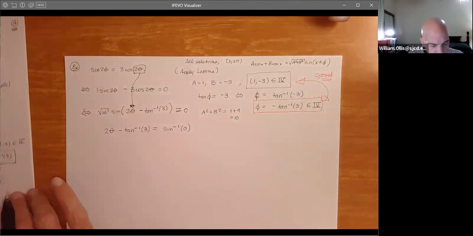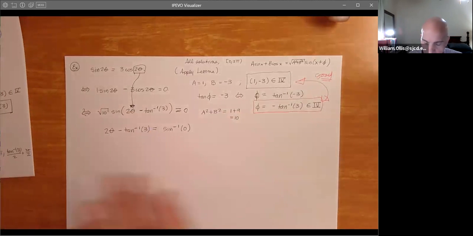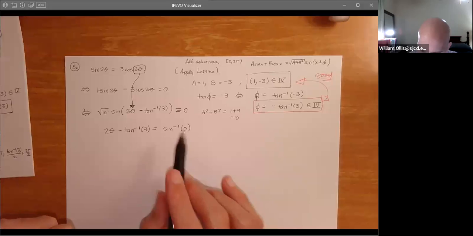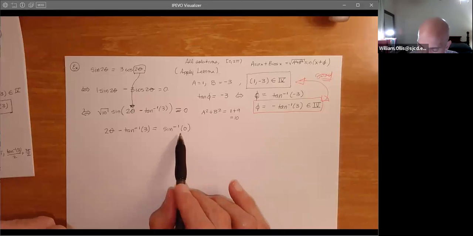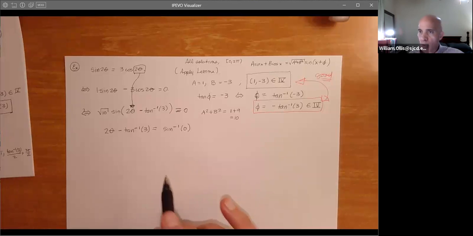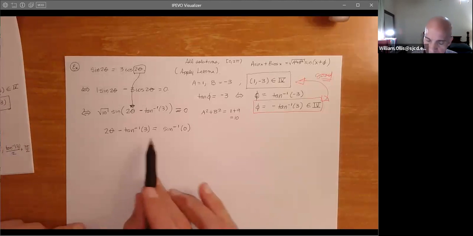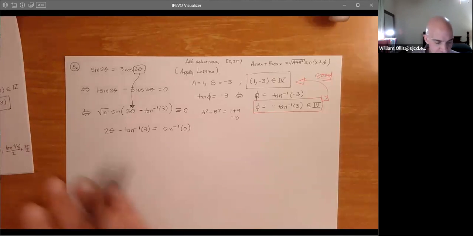Now, here's what's interesting about this particular problem that makes it simpler. Notice we don't have Professor Ron's lemma here. This is just the pi k that I said before. We just say, okay, when is the sine equal to 0? Well, when you're at 0 or pi or any multiple of pi. So this actually makes the problem 10 times simpler.